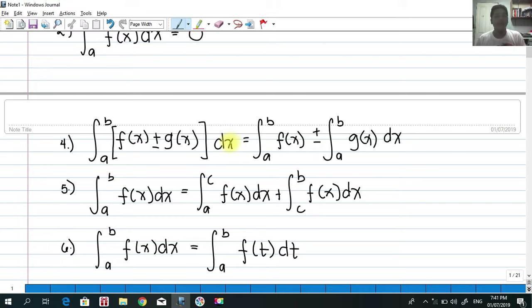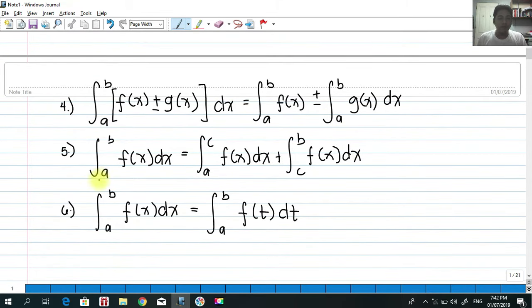Just like the properties of the indefinite integral, wherein if you have two functions separated by a plus or minus sign, we can decompose them into two single integrals. Such as this, with still the same limits, from a to b, from a to b.